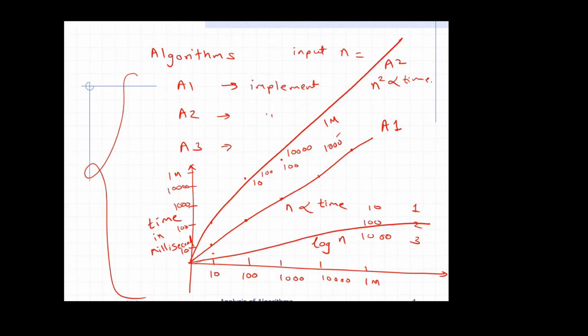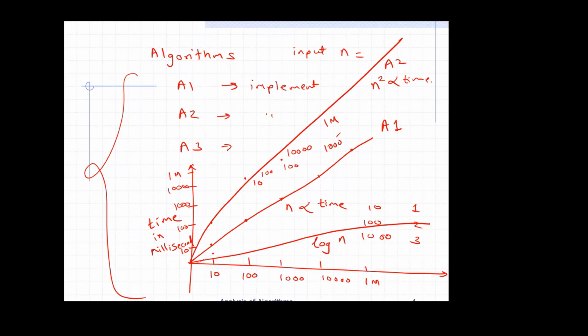So what we are going to do is compute it theoretically. We are going to come up with an algorithm and predict how many operations this algorithm will run. Let's say at n, it is running 10 operations. Then it doesn't matter whether it is running on a faster or slower machine.